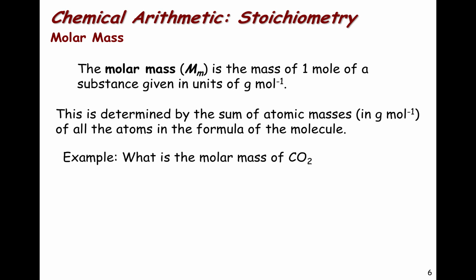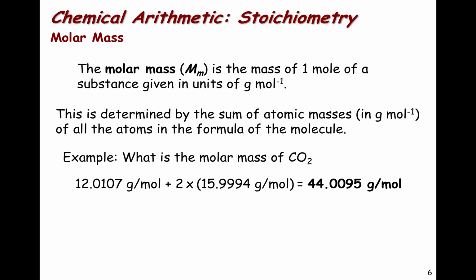So, as an example, what is the molar mass of carbon dioxide? If I add together all of the atomic masses, 1 carbon atom plus 2 times the oxygen atom's atomic mass, sum that together, that would give me approximately 44 grams per mole for carbon dioxide.